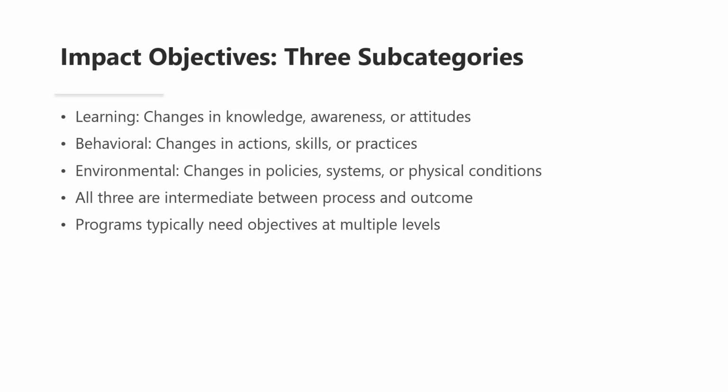On the exam, you may be given a specific objective and asked to classify it. Here is your strategy. Focus on what is being measured. If it measures knowledge, it is a learning objective. If it measures behavior, it is a behavioral objective. If it measures a policy or environment, it is an environmental objective. You have been building toward this understanding step by step, and you are really putting it all together beautifully.